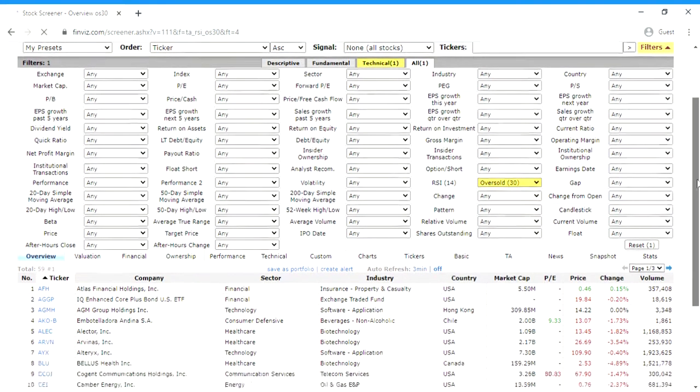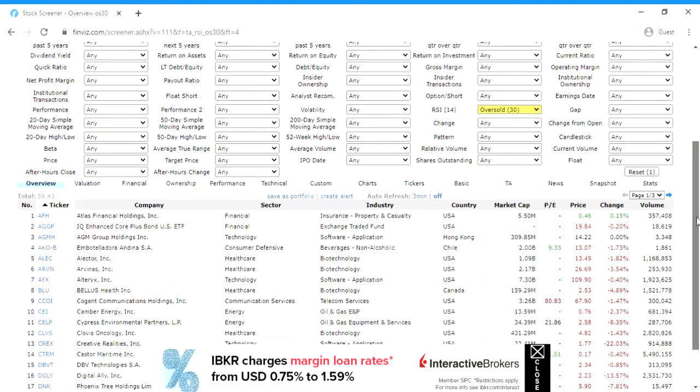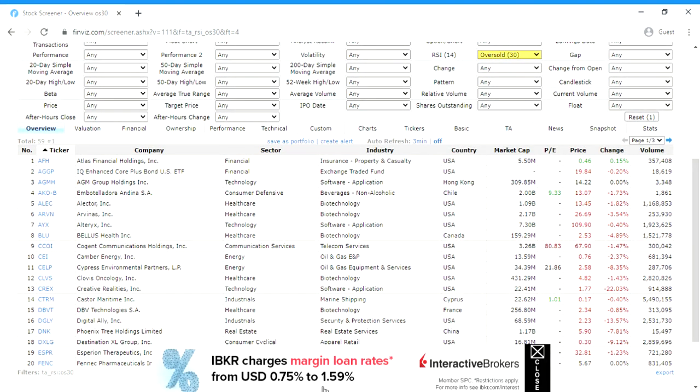And we're going to scroll down. We have 59 stocks that we can pick from. 59 stocks is really not that many stocks to roll through, so let's just take a look at some of these here. So let's see if there's any names that are kind of household, or you've seen the tickers more than once.